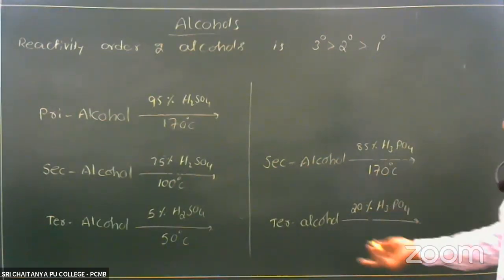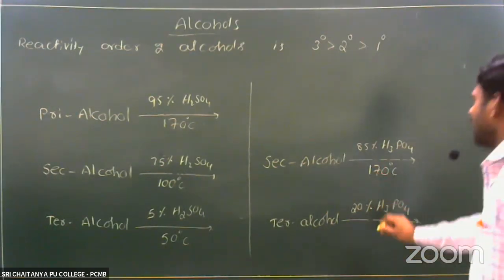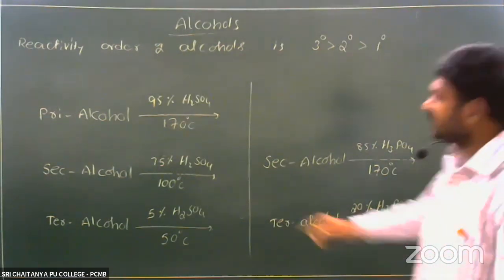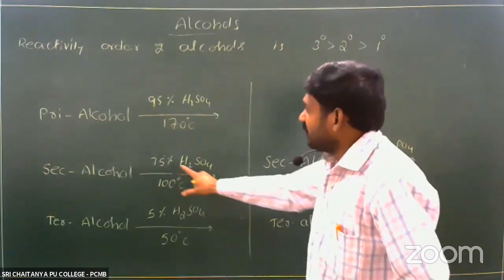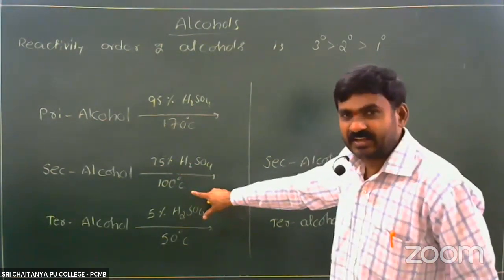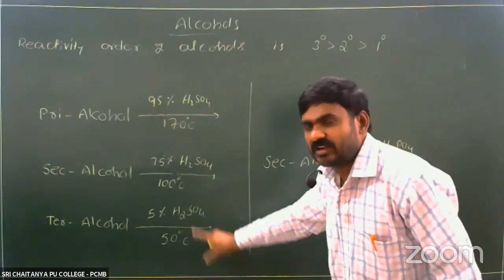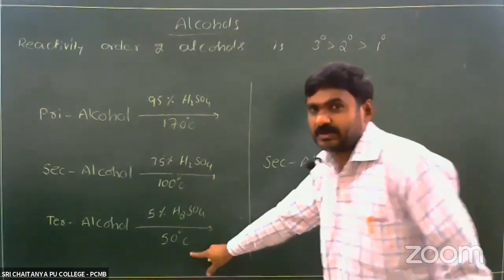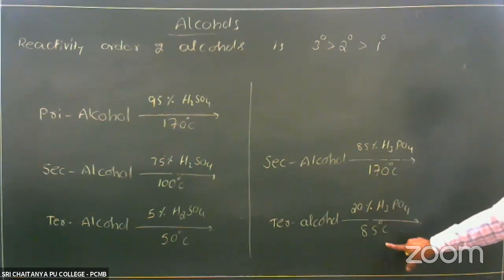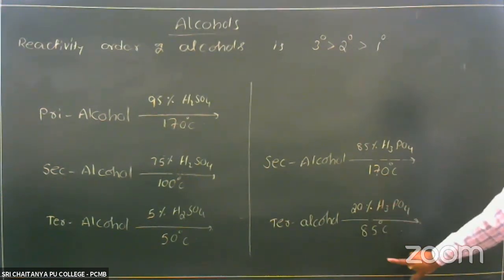Here the temperature required is nearly half, 85 degrees centigrade. With 75% sulfuric acid, secondary alcohol required 100 degrees centigrade, whereas the tertiary alcohol required 50, half of the temperature. Here 170 degrees centigrade, here 85 degrees centigrade, so half of the temperature.